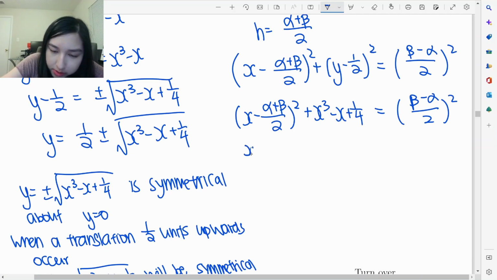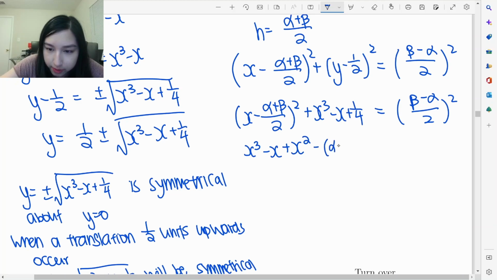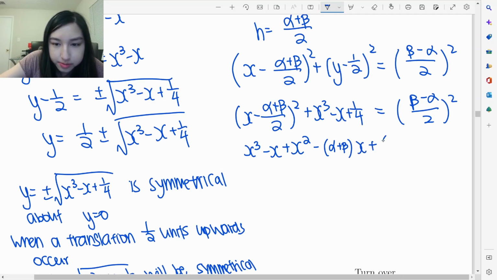So we've got x cubed minus x plus, and then we distribute that, x squared minus (alpha plus beta) x plus (alpha plus beta) over 2, squared, minus (beta minus alpha) over 2, squared, equals 0.